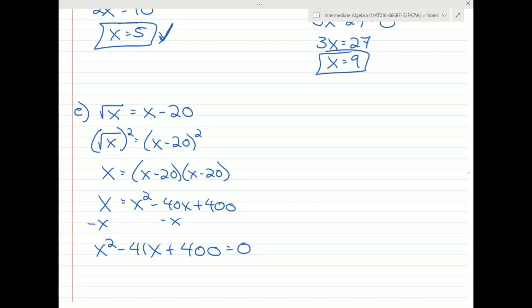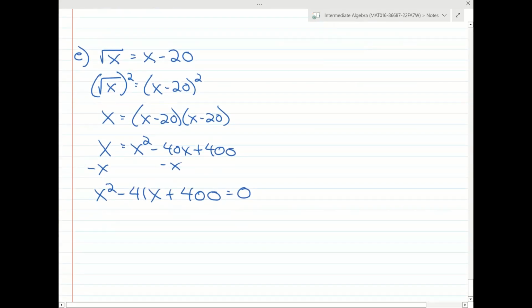So numbers that go into 400 and add up to 41. Let's see. What would work here?